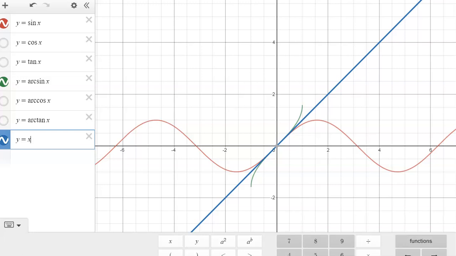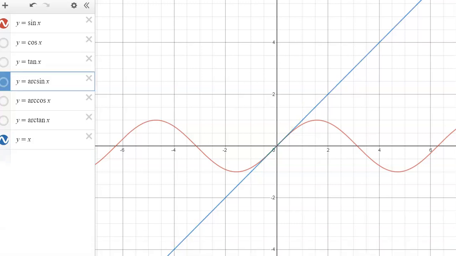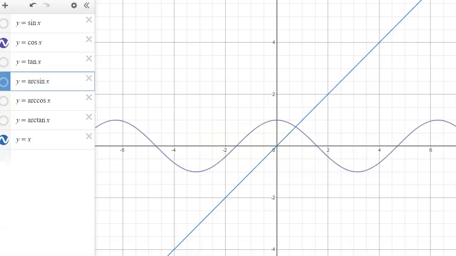Let's have a look at the other ones. If we get rid of arcsine and put cos on, then the mirror image of this is going to be arccos. So that's an interesting little picture we get drawn there. It's the same thing really as arcsine, but it's flipped over and moved upwards. I think they share a point here, oh no, they don't share a point there.